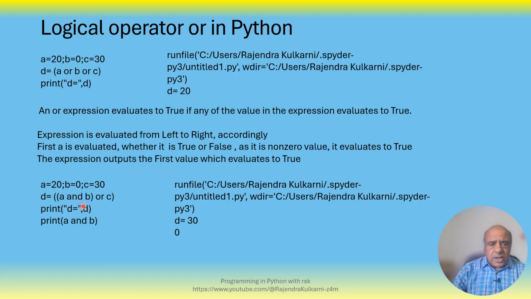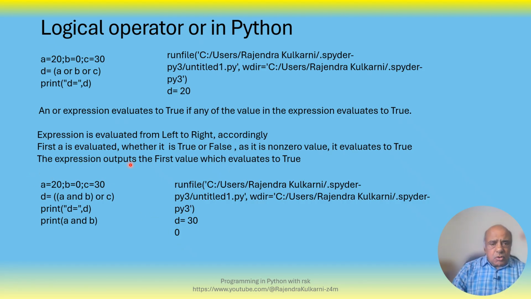So in case of AND, if any of the values evaluates to 0, the whole AND expression evaluates to 0 or false. So this is 0 or C, which is true, 30. So 0 or 30 will give us the output as D is equal to 30, whereas A and B evaluates to 0.